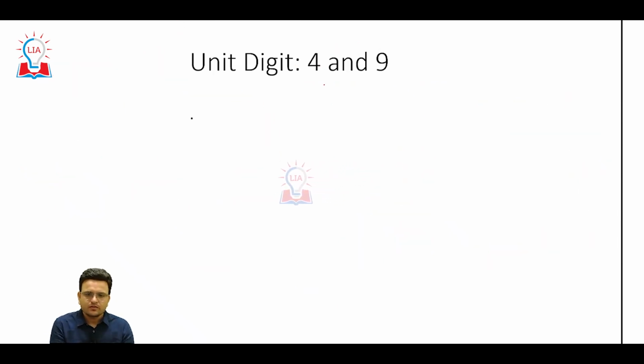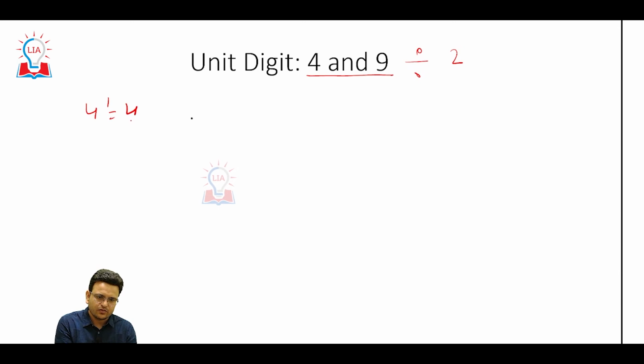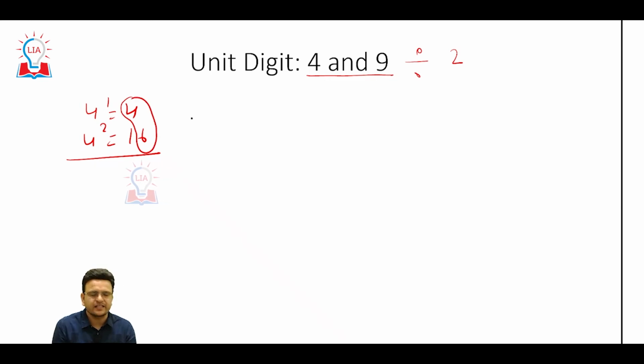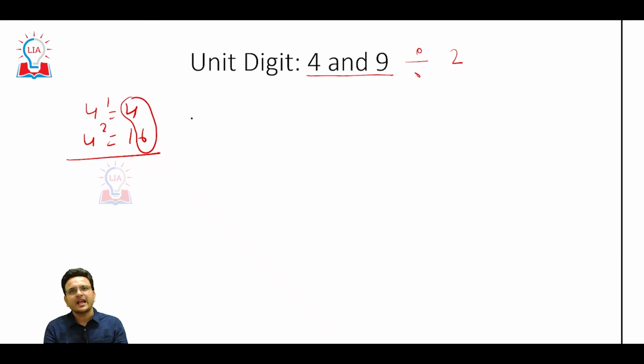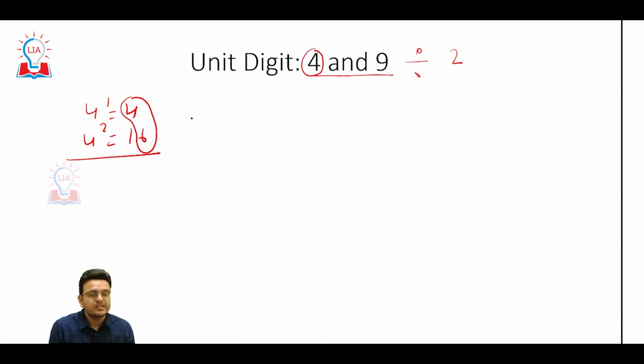Here also, power should be divided by 2. Like 4 ones are 4, 4 to the power 2 we have 16. So again we are going to get 4 and 6. It simply means whenever any number is ending with 4, whatever power is, unit digit can be only 4 and 6, like 44 to the power 45.